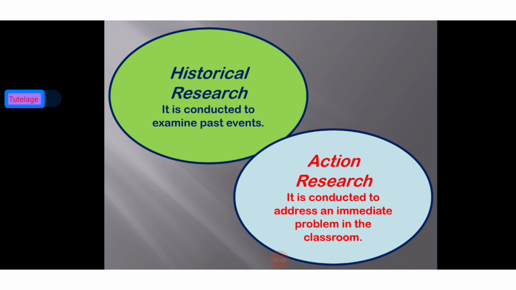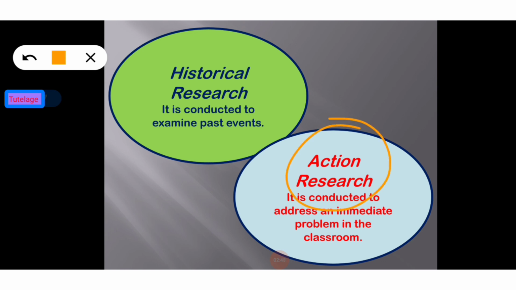So here we can see the last type of research, that is action research. In the 1940s, Kurt Lewin, a German American social psychologist, coined the term action research, and it is conducted to address an immediate problem in the classroom.